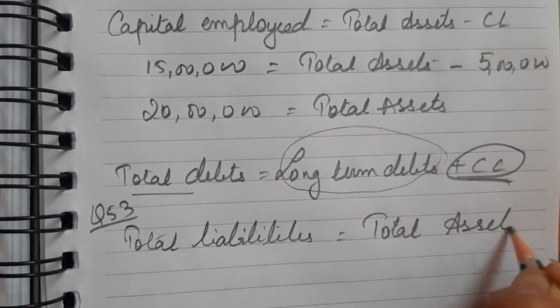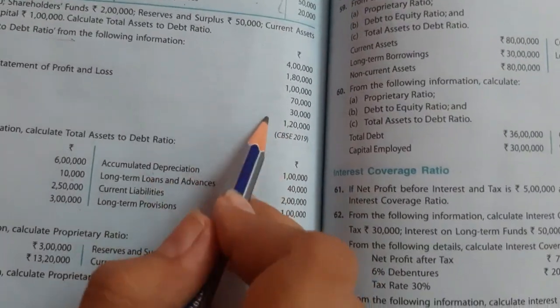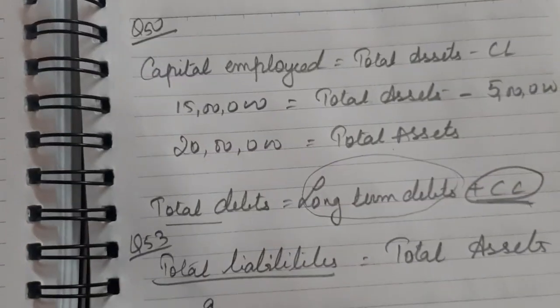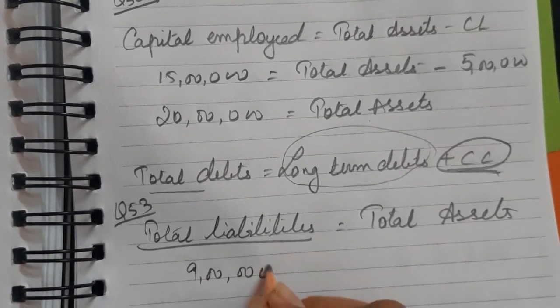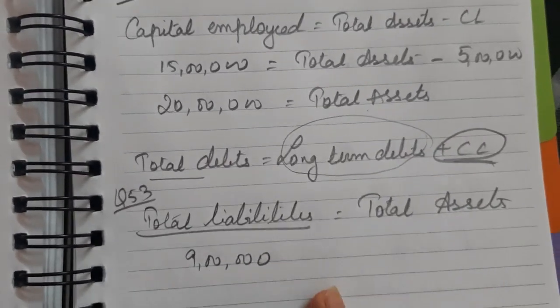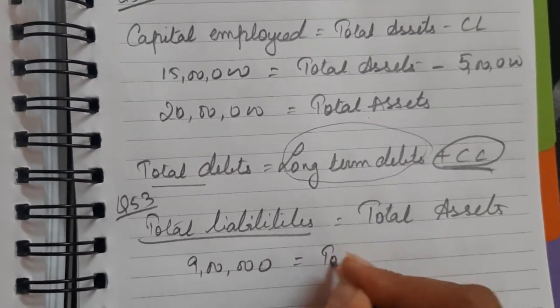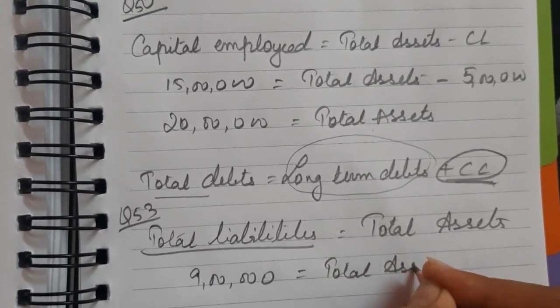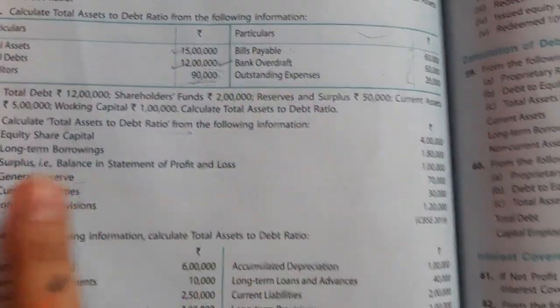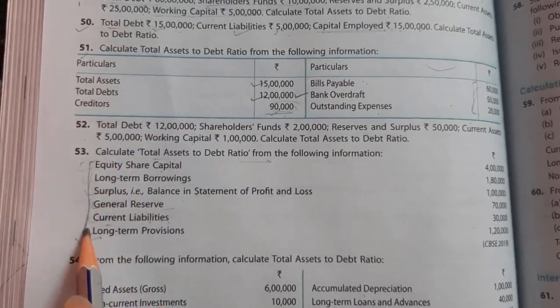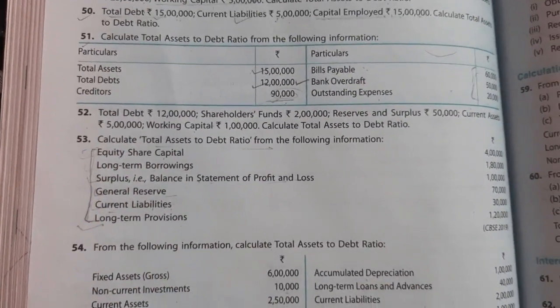If you add these all, you'll get it as 9 lakh. I have already added, but you have to show the working of adding all these. So you'll get 9 lakh, that is total assets. So you got your total assets.